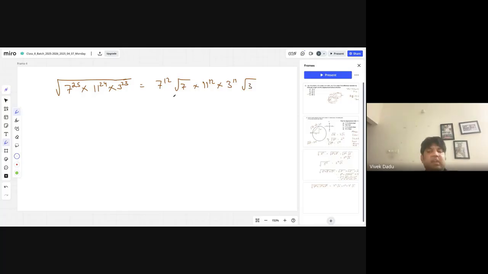Now there is one thing, guys, one last step you have to do. There should be only a single square root. How many square roots are there? So how to make it a single square root? Write all these guys together. So you can write them together.